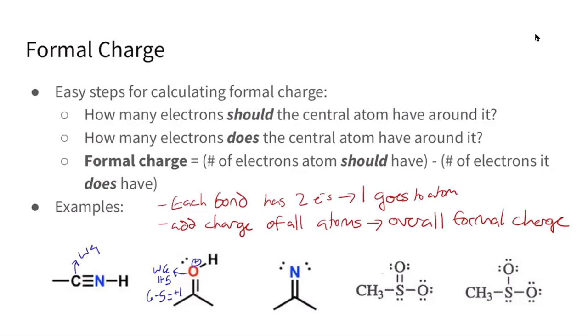So here, I'm going to divide each of these bonds in half because, again, 1 electron goes in each of these bonds to our carbon, and 1 electron is going to go to the other atom. And it got cut off, but there is a CH3 that's at the other end of this, if that wasn't clear to any of you. So again, this carbon wants to have 4 electrons around it, and if we count, it does have 4 electrons around it. So is there a formal charge on the carbon?